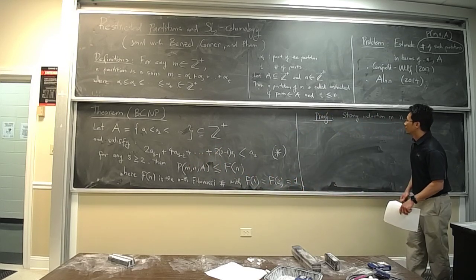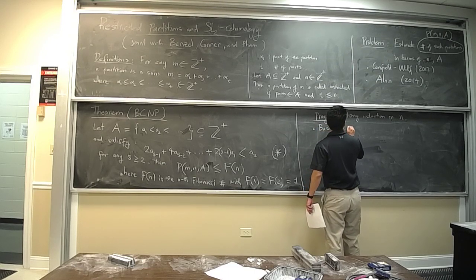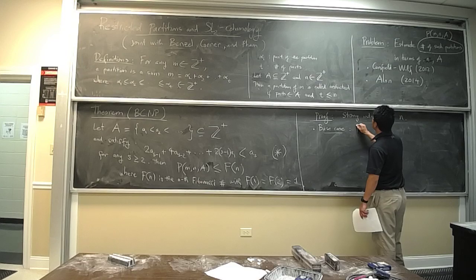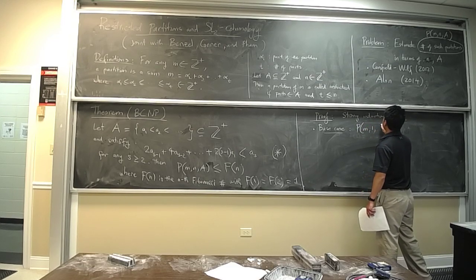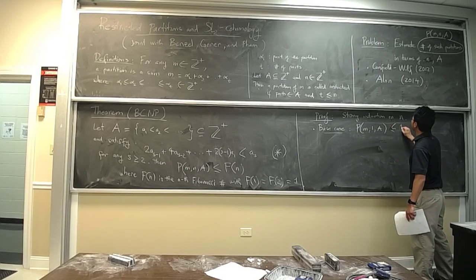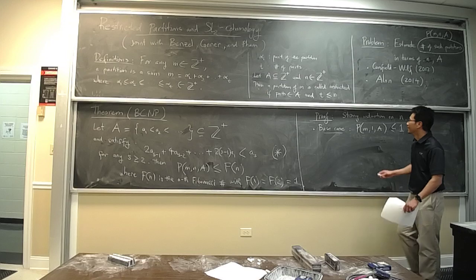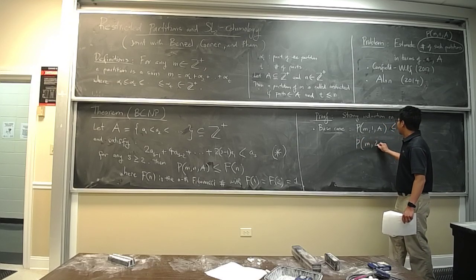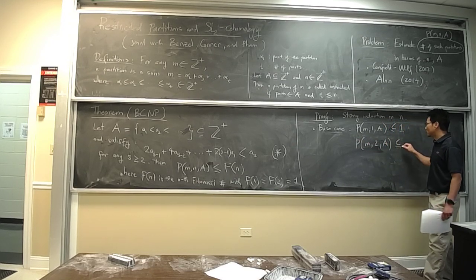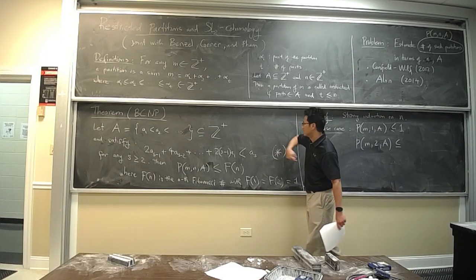Okay, and all right. So base case. It's easy to see that if you partition the number m with one part, then just one way, at most one way. If you try to partition it into two parts, now let's take a look back at the condition star right here.